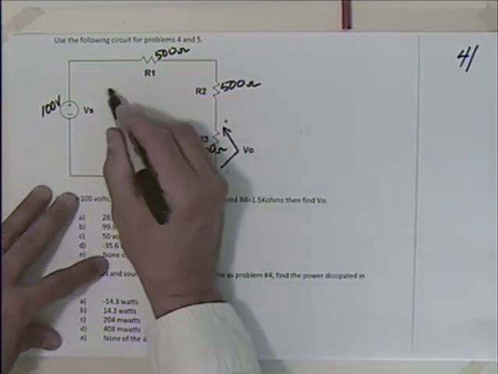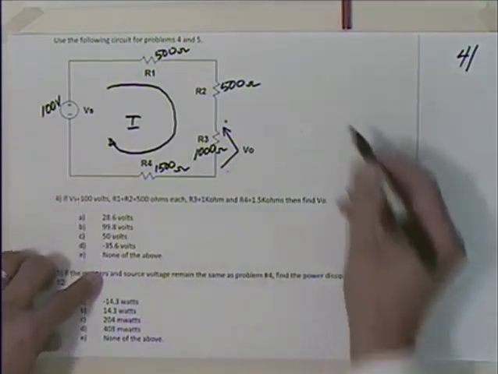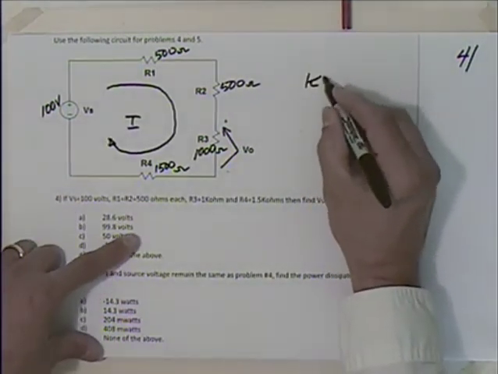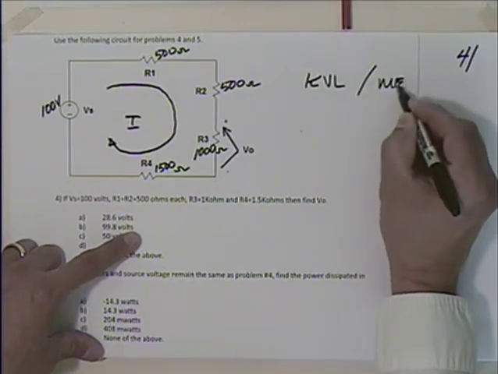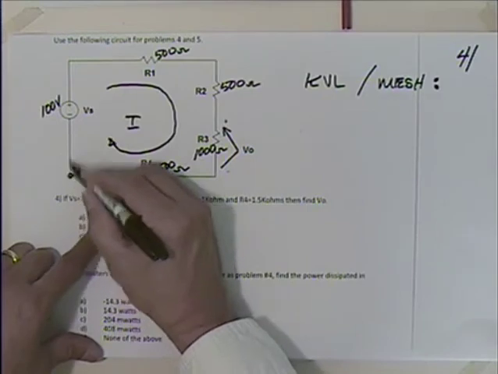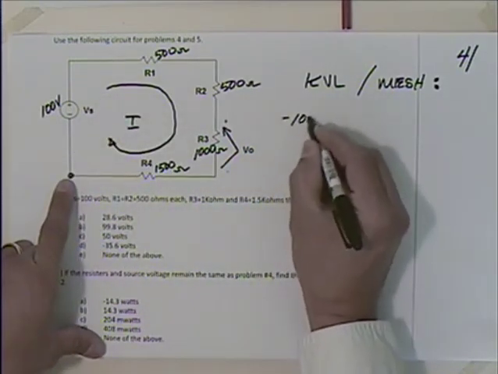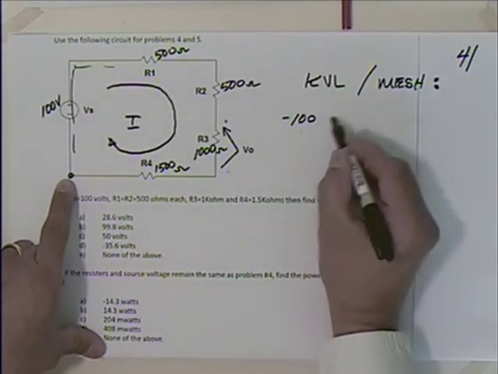And 1,500, all of those are in ohms. What I'm going to do is assume some current going in here. Let me just call that I. And then I could write Kirchhoff's voltage law, or, if you want to call this mesh analysis, you can, however you want to refer to that. If we start at this point, we have a gain of 100, so I'll say that's minus 100. I'm going to take gains as negative. So I've gone up through there. Then I'm going to have a drop.